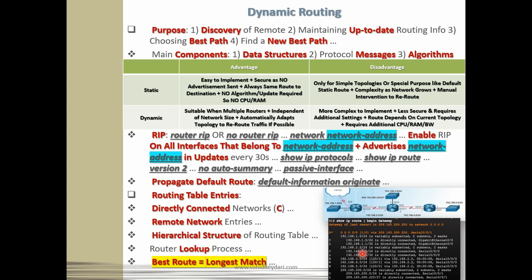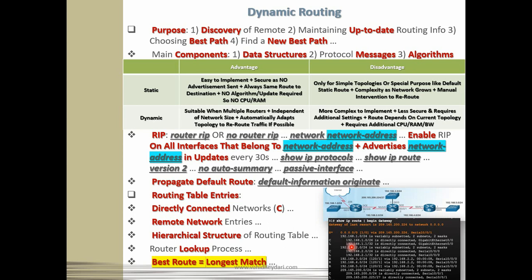So here, for instance, we have 192.168.1.0/24. The classful subnet mask for this network, ignoring /24 here, is again /24. So these two are equal, and that's why this is considered a level 1 route.